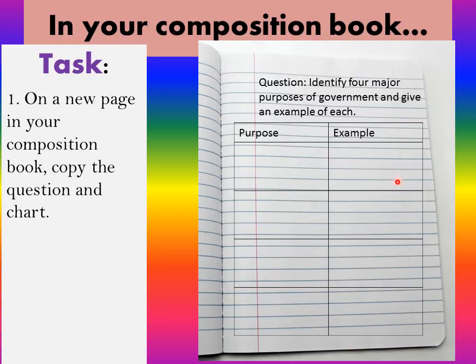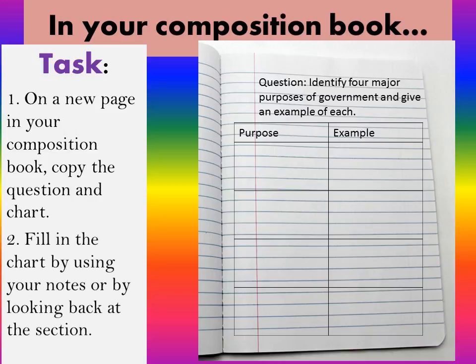Just draw this frame out like that and then label it purpose and example. So identify 4 major purposes of government: 1, 2, 3, 4 boxes, 4 purposes of government. Then you're going to give an example of each, and we will start this together.